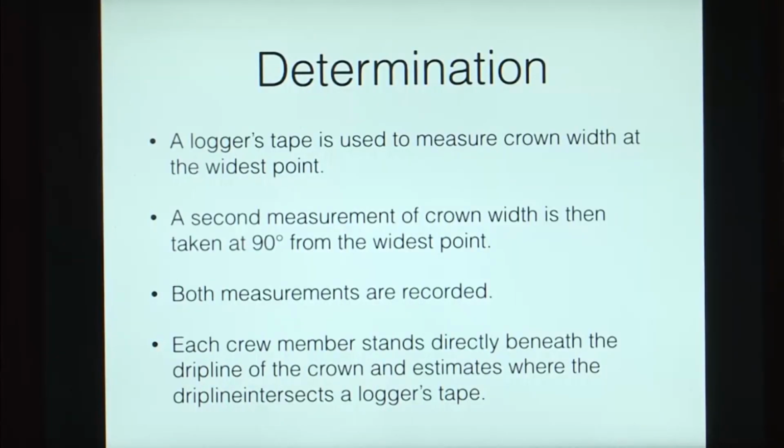So, for its determination, a logger's tape is used to measure crown width at its widest point, and then you take a second measurement of crown width, that is at 90 degrees to the widest point. Both the measurements are recorded, and then each crew member stands directly beneath the drip line of the crown and estimates where the drip line intersects a logger's tape. Okay.